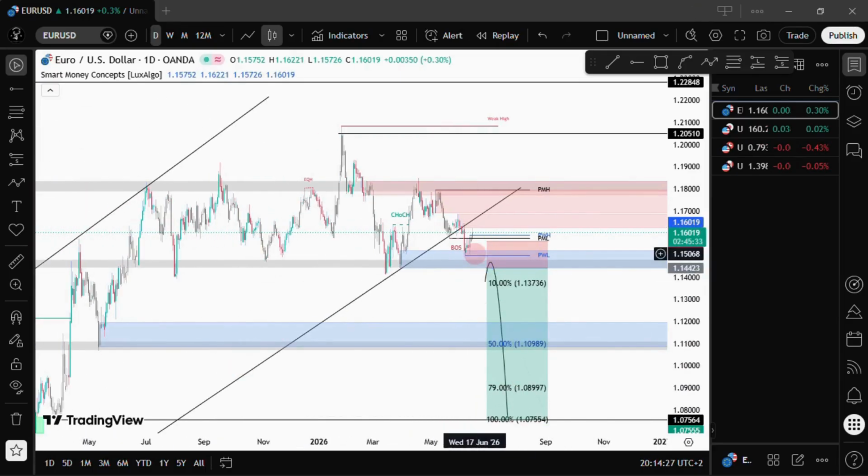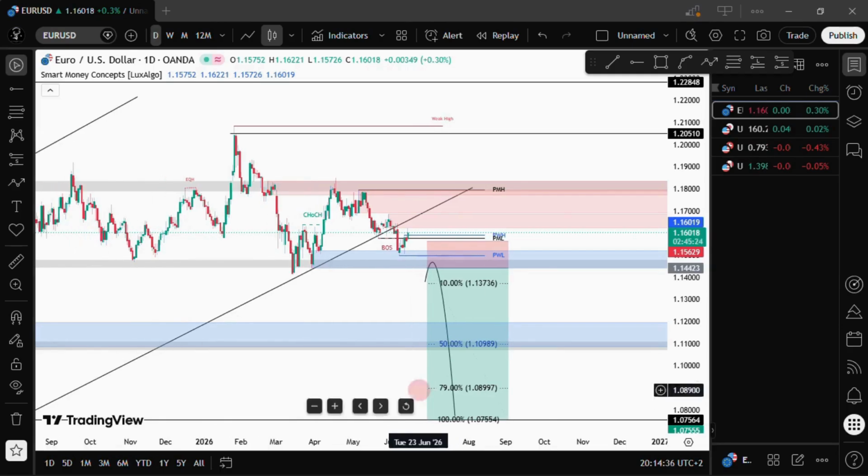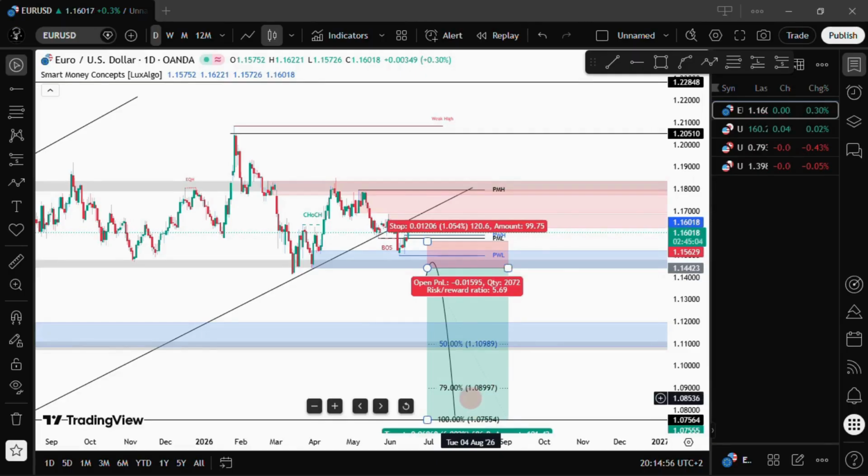Okay guys, so if price now pushes towards the previous monthly high, this will invalidate our sell anticipation, and will go back inside this bullish trend. Okay guys, continuing with the overall move.